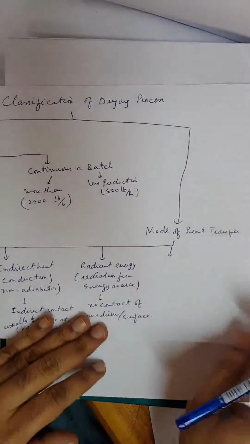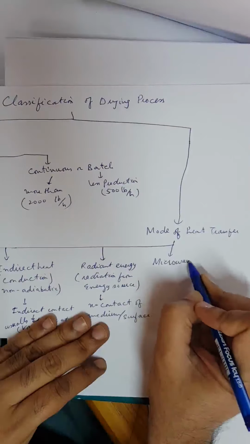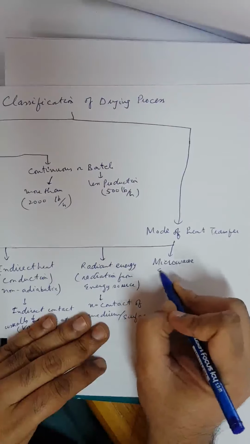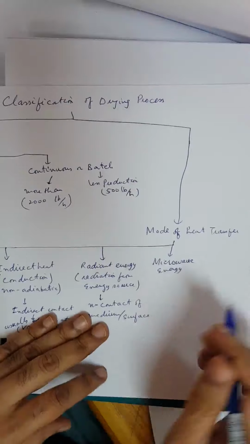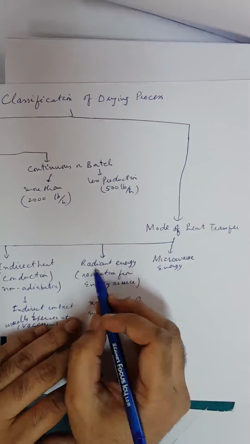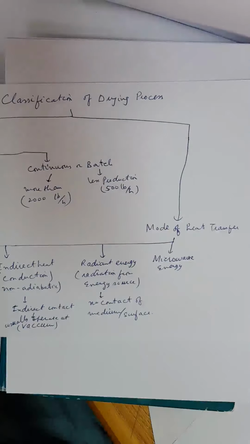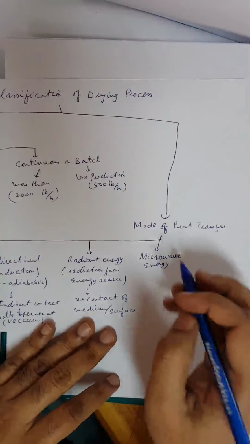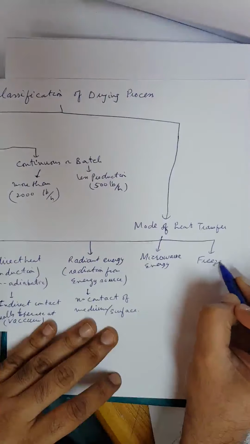The fourth is microwave energy. The concept is the same as radiant, but the wavelengths are different for the microwave compared to the radiation from the sun. This is the only difference. And the last is freeze drying.